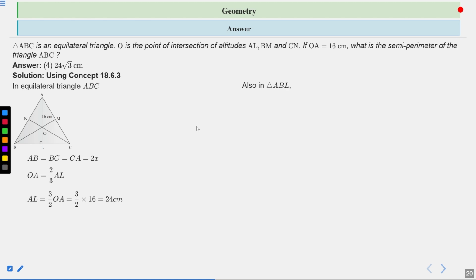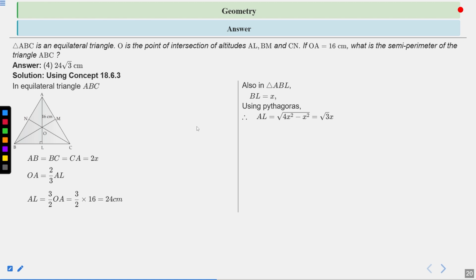Now also in triangle ABL, because all are perpendiculars, and in an equilateral triangle the lengths of all the perpendiculars are equal. So in triangle ABL, BL equals x centimeter because we let the length of the sides be 2x. Using the Pythagoras theorem, AL becomes under root of AB square minus BL square, and AB length is 2x.